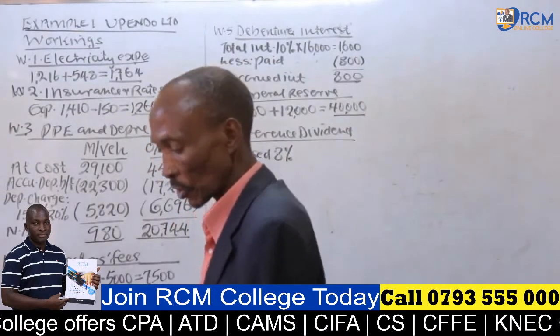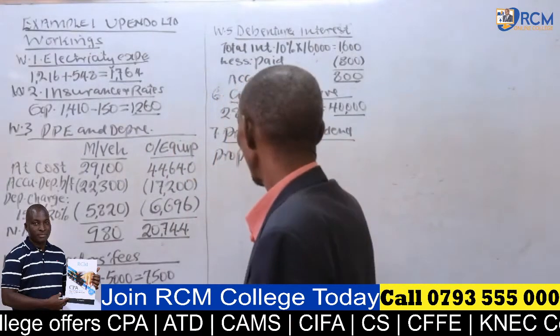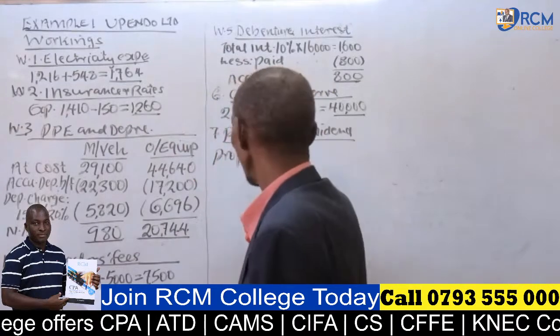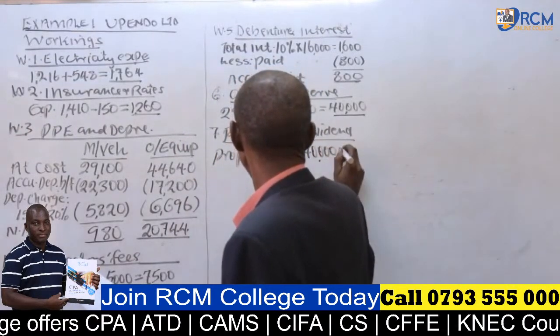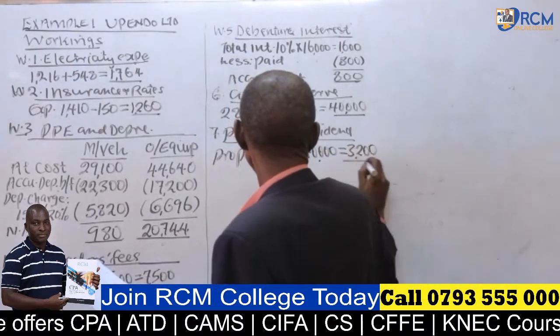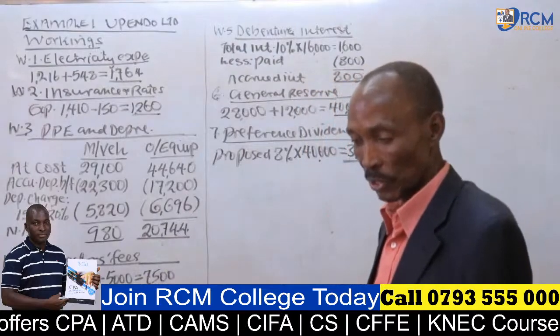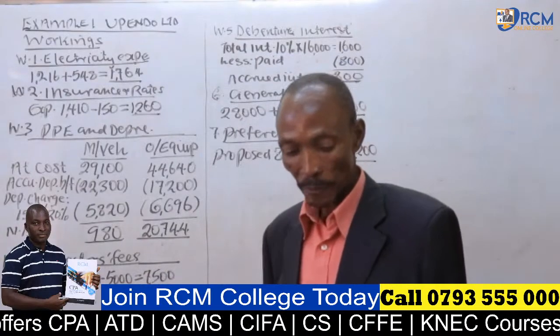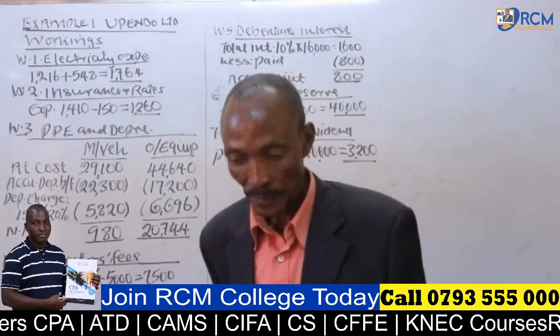Dividend on preference shares shall be paid. They don't say what percentage because the percentage is fixed. 8% of 40,000 is 3,200. That is the preference dividend, which is fixed and payable every year, regardless of the situation.